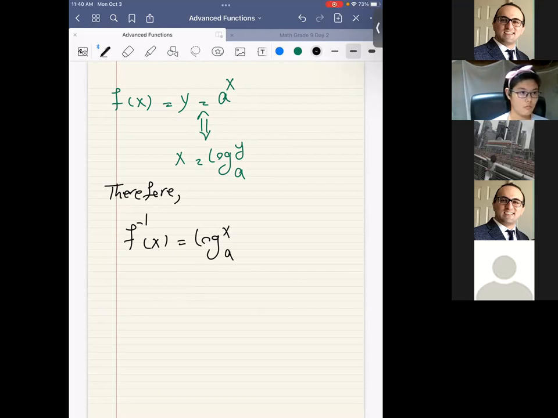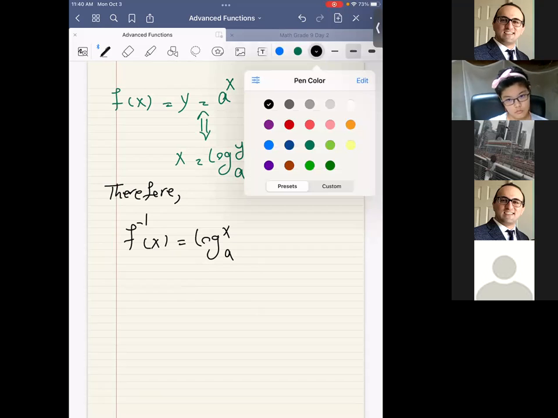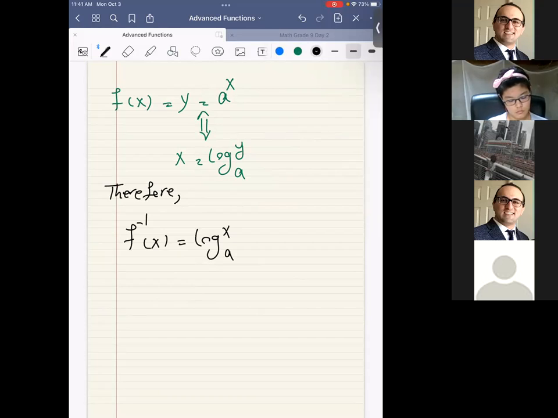Then you switch the names of x and y, and that gives you the inverse function. In general, if you have y equal to f of x, that means x equals f inverse of y.